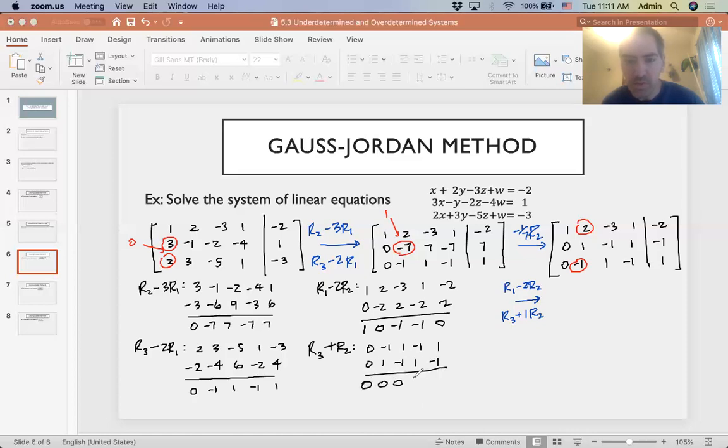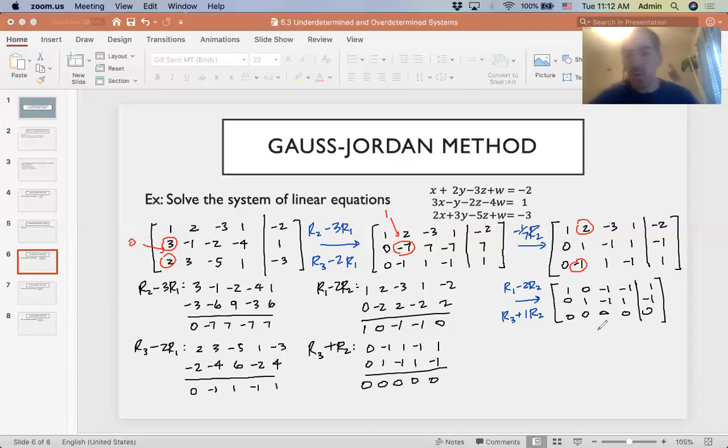That gives us all zeros. All right, so let's see. So now we have 1, 0, negative 1, negative 1, 1 for the first row. Then all zeros for row 3. All right, so column 2 is done.